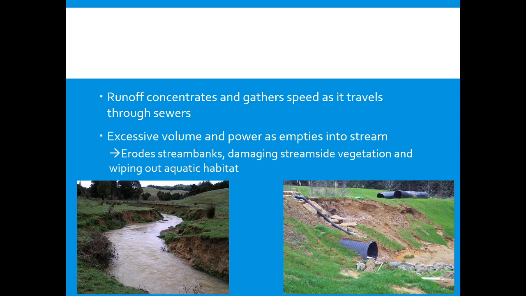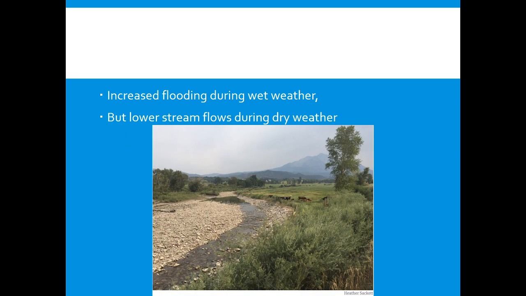Because of the amount of volume and power that comes from the runoff, it can actually wipe out an aquatic habitat. Now, we also see an increase in flooding during wet weather and then lower stream flows during dry weather because the water all has to run off immediately after an event, as opposed to being given a little bit of time to gradually enter into the stream.